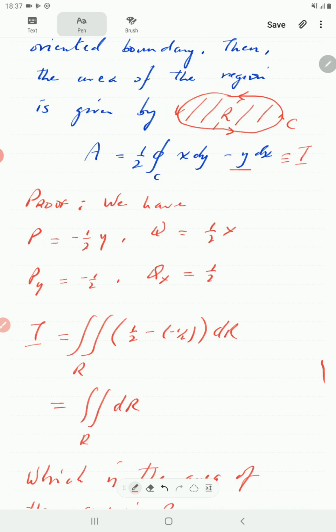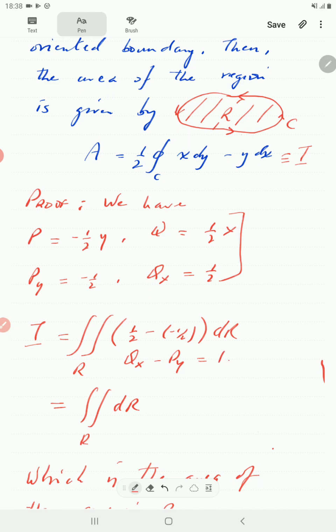In fact, this expression here is not unique. Any choices of P and Q will do, so the main thing here is that Qx minus Py must be equal to 1.